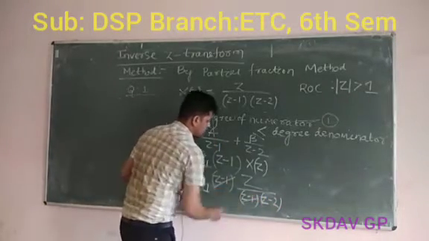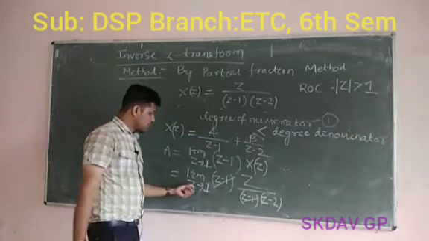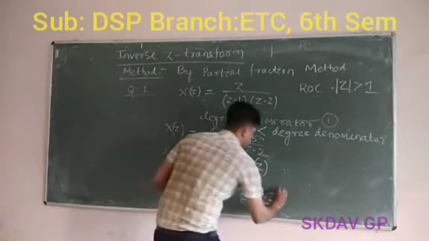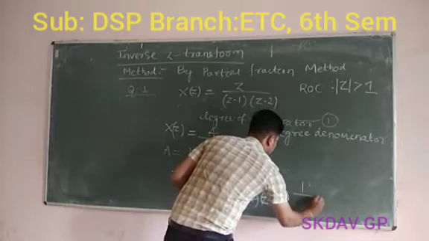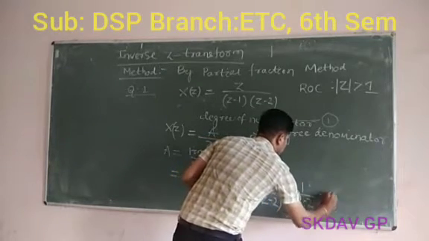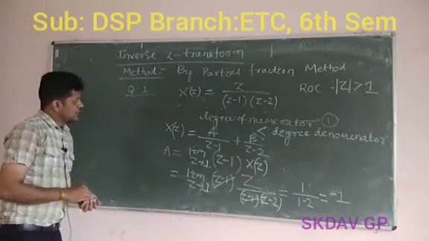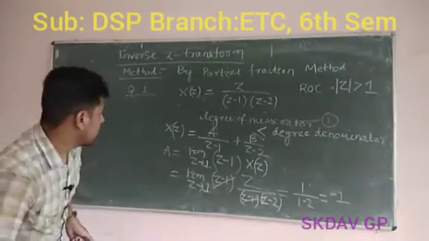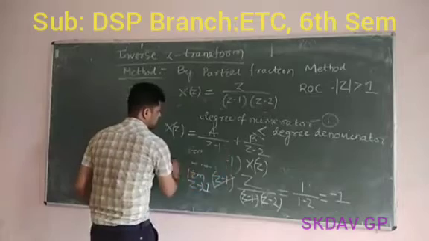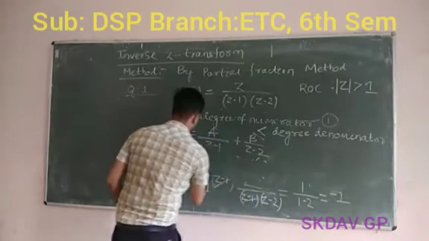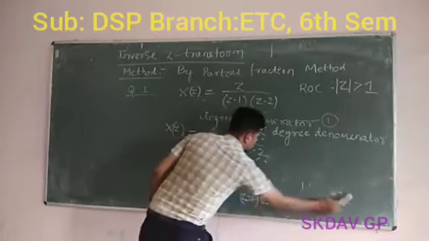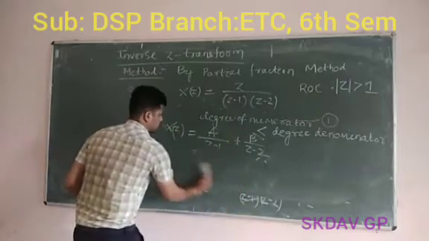Hence (z minus 1) and (z minus 1) get cancelled out. By putting the value z equal to 1, we get 1 by (1 minus 2), which is nothing but minus 1. Similarly, we need to calculate the value of B. So keep in mind the value of A is minus 1.